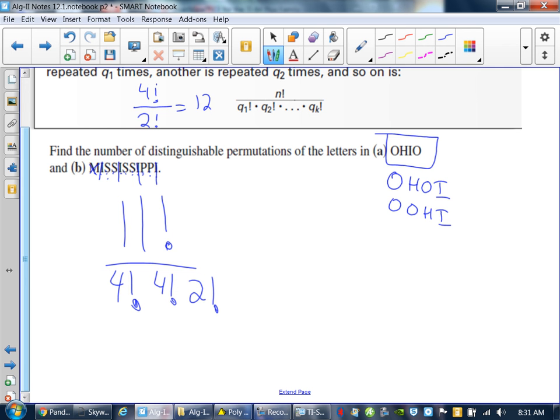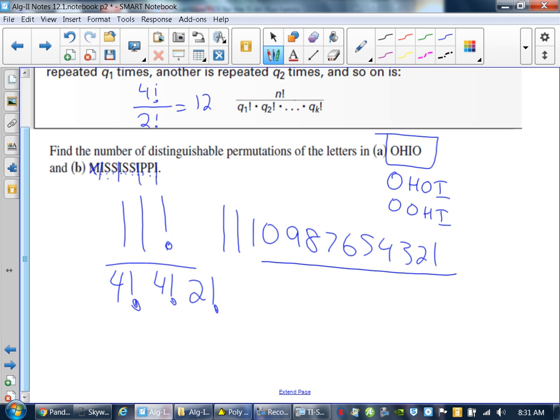Now this is kind of cool if you had to do this longhand. So you have 11, 10, 9, 7, 5 multiplied together.